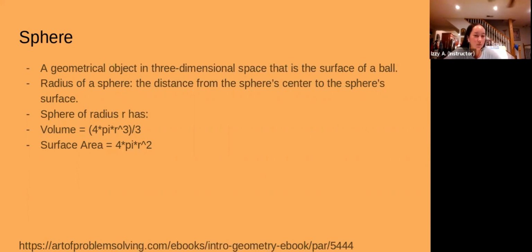So the sphere with radius r has the volume 4 times pi times r cubed divided by 3. And it also has the surface area, which is equal to 4 times pi times r squared. So we'll make sure to come back to these formulas because we might need them for future problems. I'll leave this up here for a few more seconds, and then we can go on to this next problem that we have.